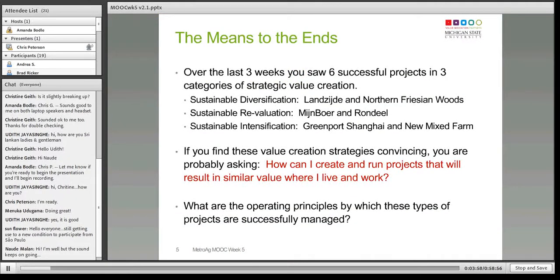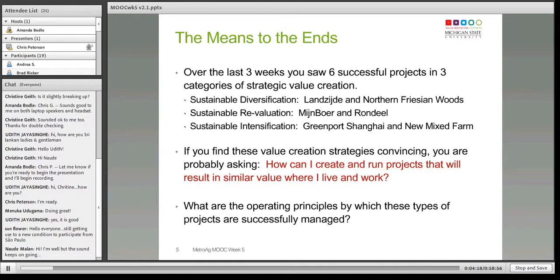And those projects were presented in the context of 3 distinct kinds of value creation strategies. We had sustainable diversification, sustainable revaluation, and sustainable intensification.